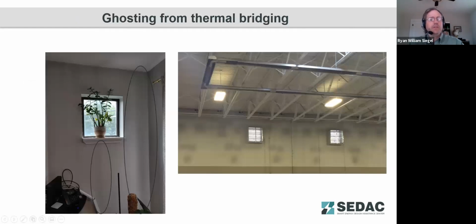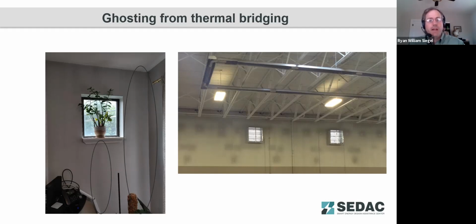What this can lead to, if you have substantial thermal bridging, is ghosting. You can see here on the left stud cavities where dirt has attached itself to the condensation that builds up due to the thermal bridging in the winter.